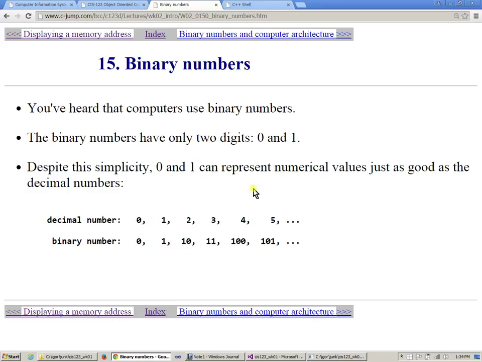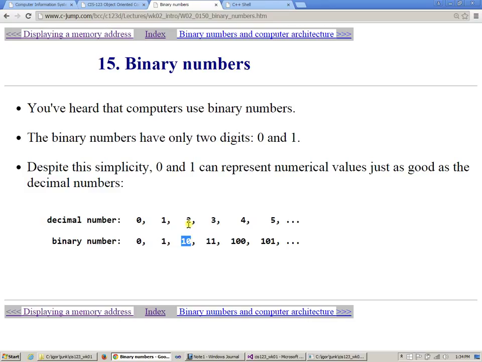Now, the decimal numbers look like this: 0, 1, 2, 3, 4, 5, and we just look at positive values starting from 0, right? So the binary number would be 0, 1, and then there comes 10. Of course, it's not ten, it's 1, 0, but because there are only 2 digits, 0 and 1, we run out of digits very soon, right?